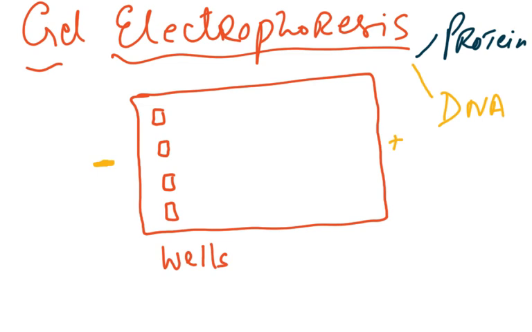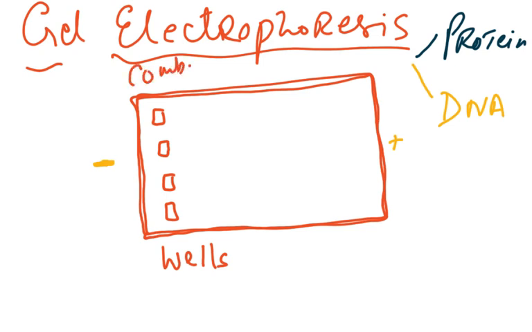Now let's come to the next topic, which is gel electrophoresis. In gel electrophoresis, what we do is we take a sort of like a baking tin or a large tray, and in that we put a comb and we let the gel solidify, but the gel is liquid initially, just like to make jelly at home.